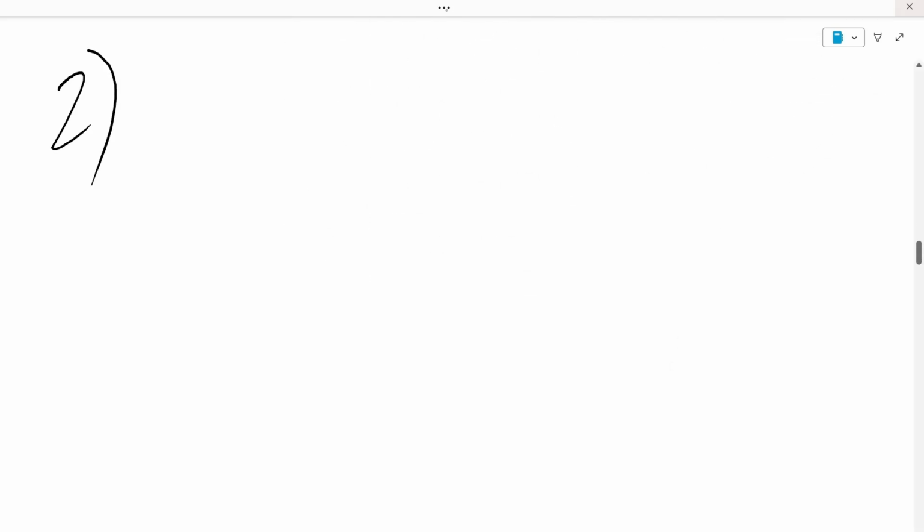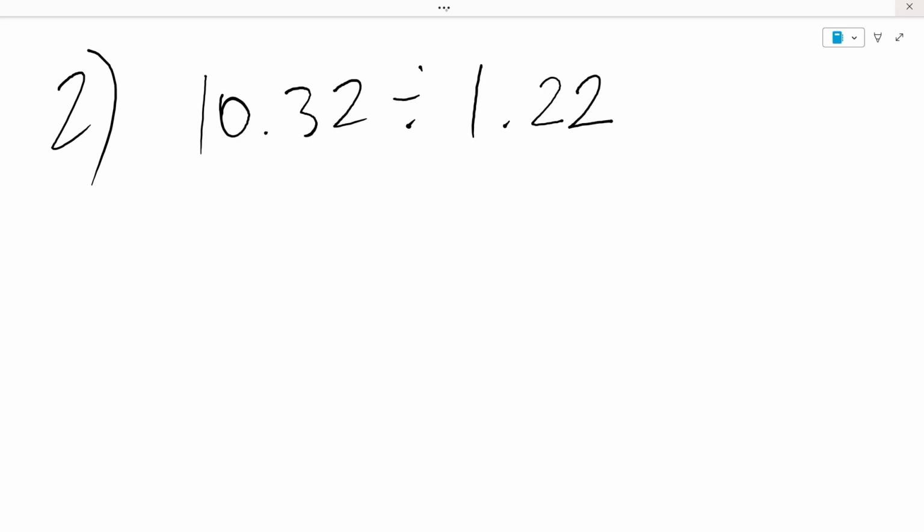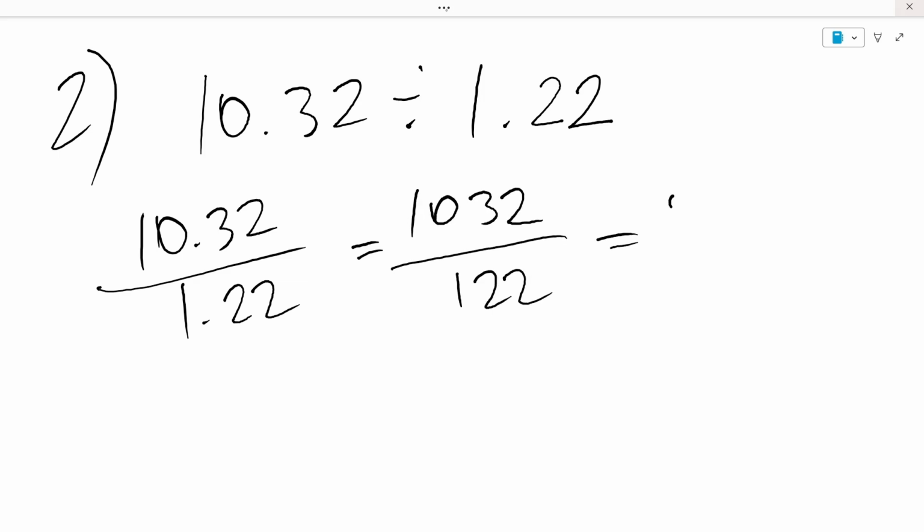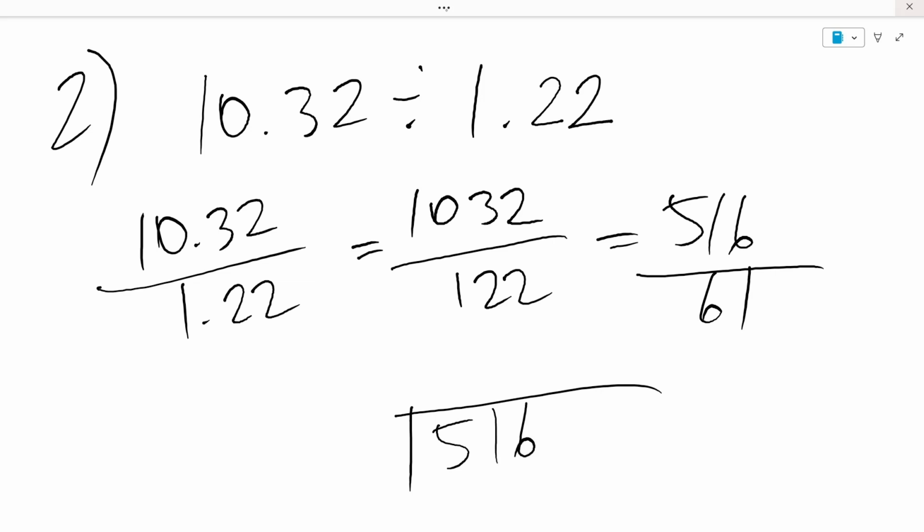If I do 10.32 divided by 1.22, write it as a fraction, times top and bottom here by 100, get rid of the decimal points, and then we can divide by 2 again. Okay, this is not a very nice thing to do, but I can.